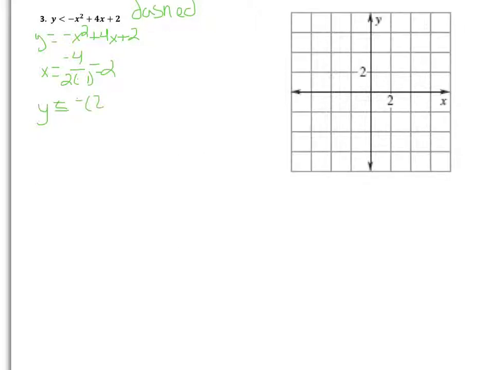Equals, not less than. I was trying to plug it back into the original. Plug in the 2 to get it. You get -4 plus 8 plus 2, 6. So I get the point 2, 6. If I plug in 0, I get 2. So if I plugged in 4, I'd get 2. It's a dashed line.